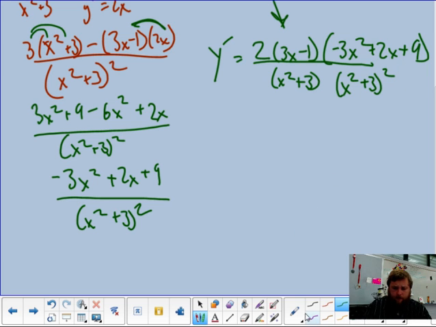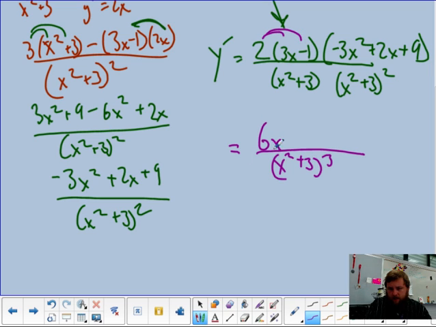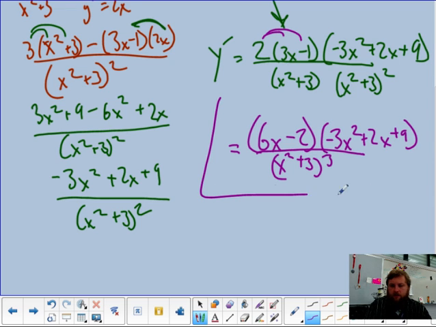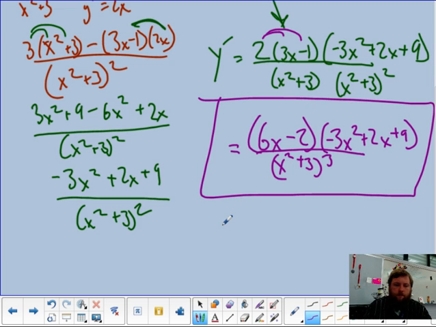Okay, so let's try to clean this up a little bit and combine what we can. Writing on the bottom, this is going to be x squared plus 3 cubed. On the top here, we distribute this 2 in. So I'll call it 6x minus 2 times negative 3x squared plus 2x plus 9. And you can leave it just like this. We're done with that one.